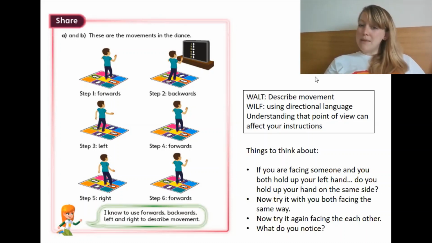Do you hold up the same hand then? Now try it again facing each other. What is it that you notice? This is really important because it means that if somebody's looking a different way to you or facing a different direction, you really need to be careful about the instructions that you give them on where to move. You need to think about things from their point of view, not yours.